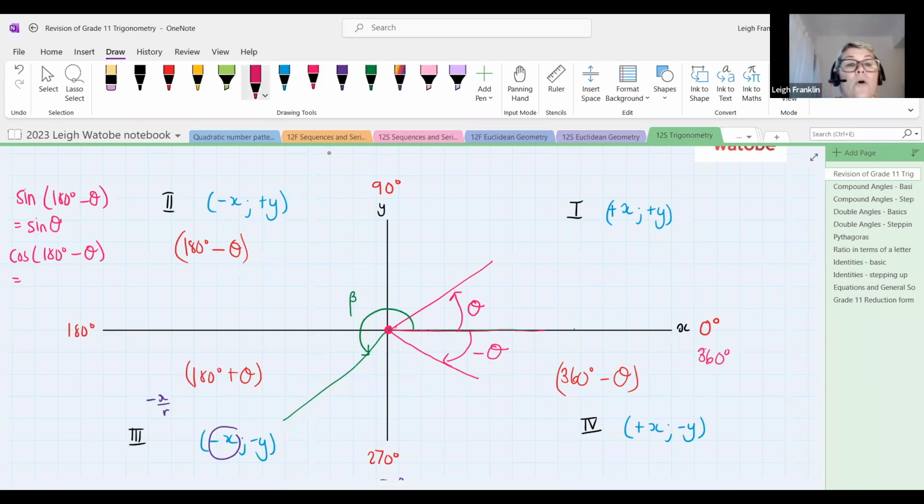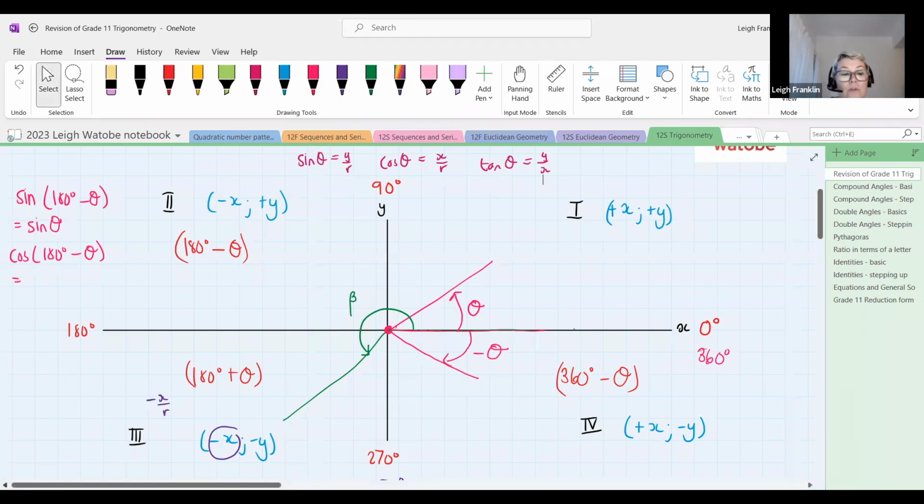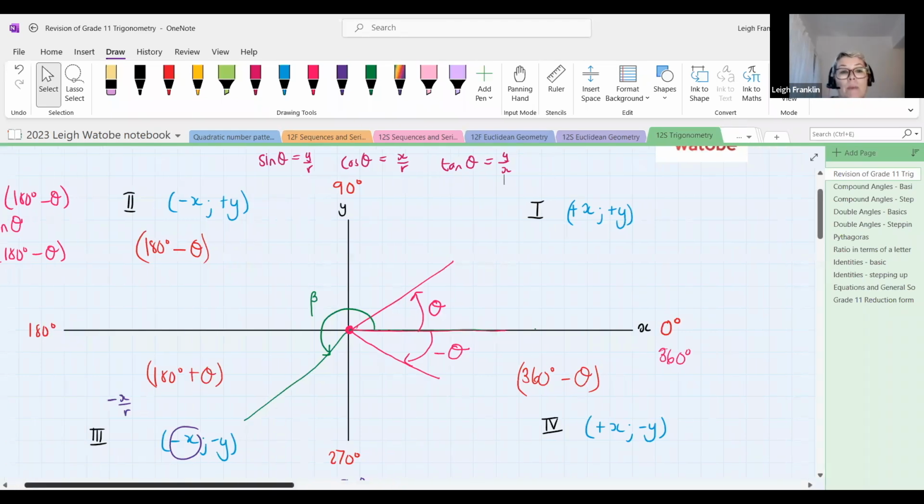So remember always, sine theta is y over r, cos theta is x over r, tan theta is y over x. So we need to know this. I don't know if any of you have learned this at school, but there's an acronym that can help you remember that.